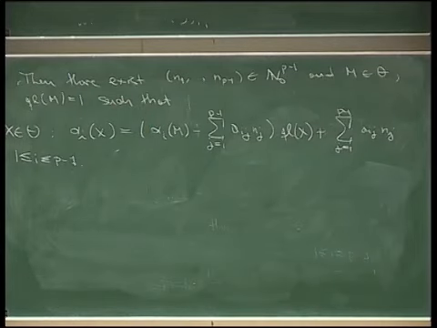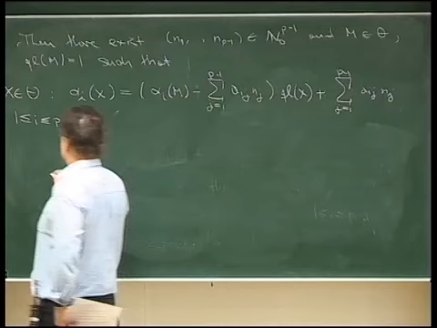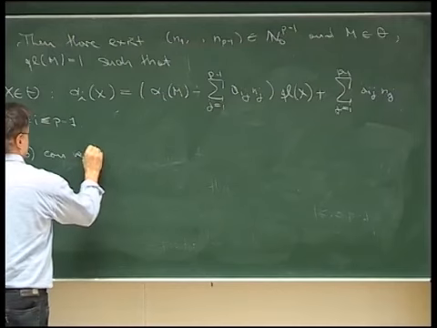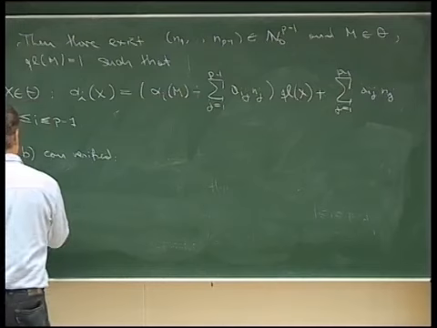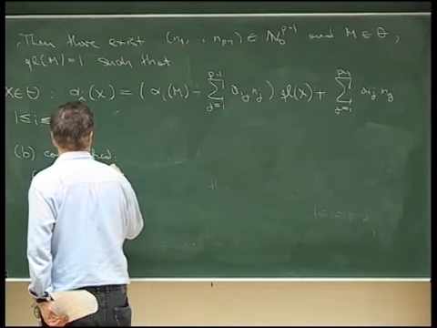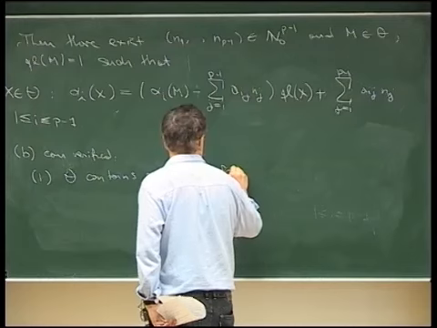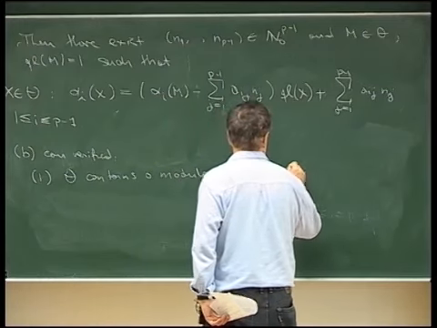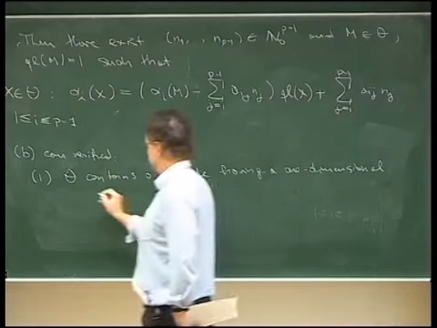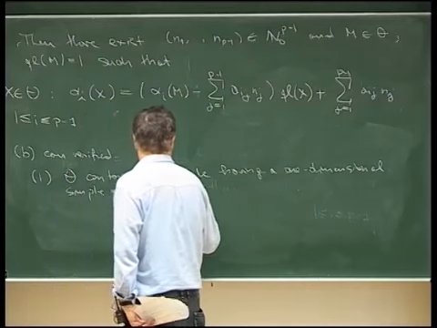So the problem, of course, with applying this result is, does condition B ever happen? And here are some instances. So B can be verified in the following instances. First of all, if theta contains a module having a one-dimensional simple module in its top or socle.